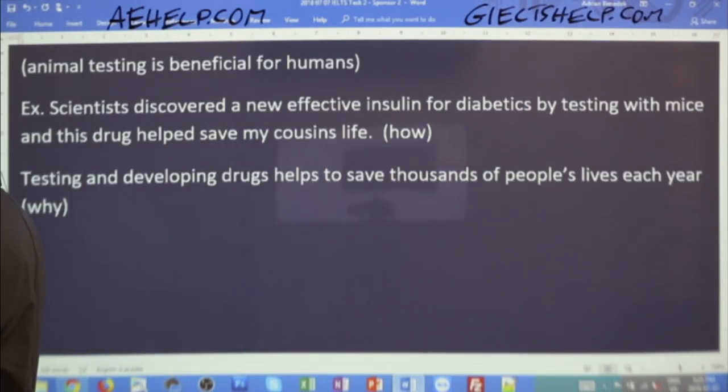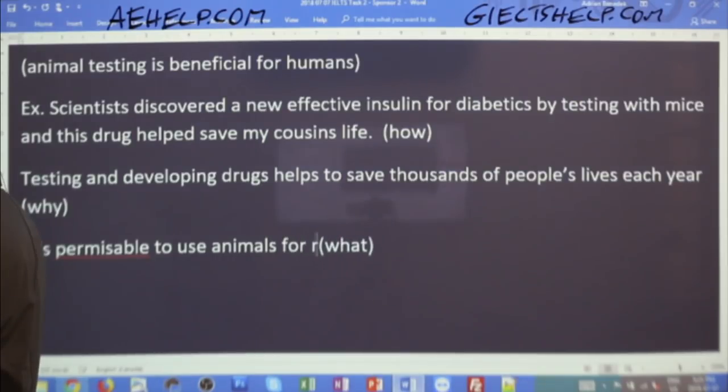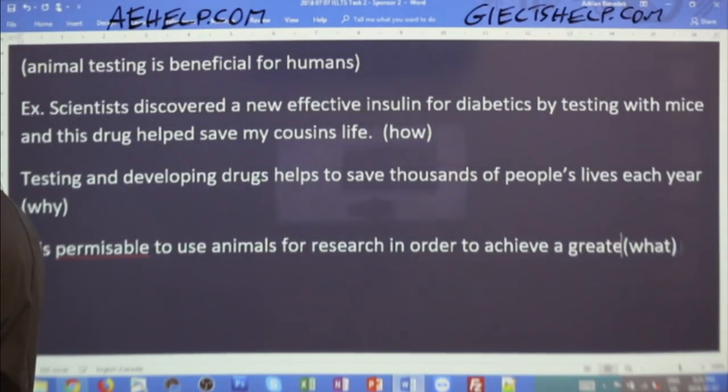And then the what. So what? It is permissible to use animals for research in order to achieve a greater good for humanity. Okay?